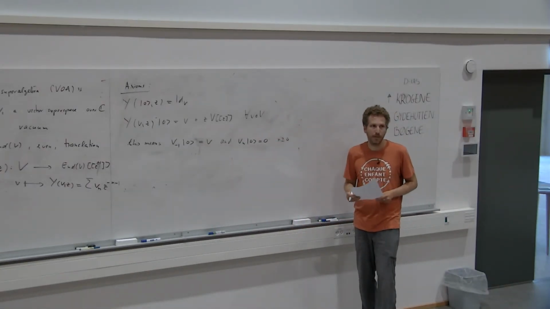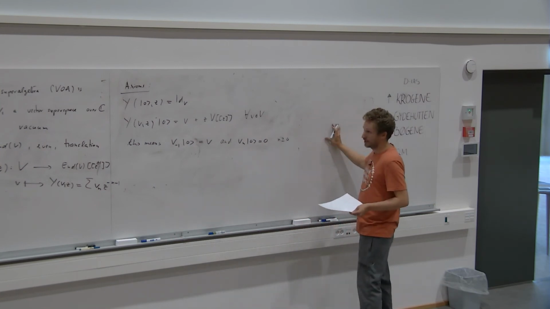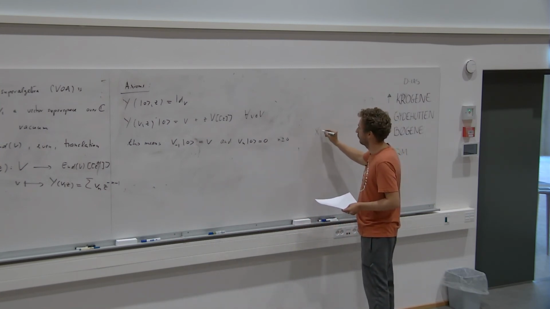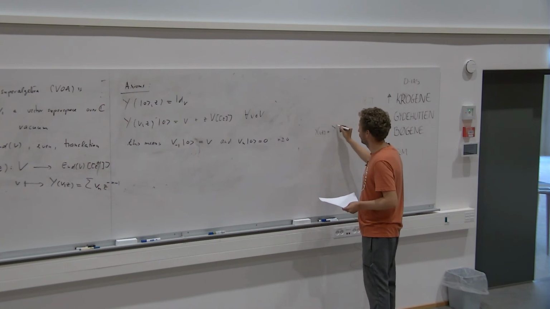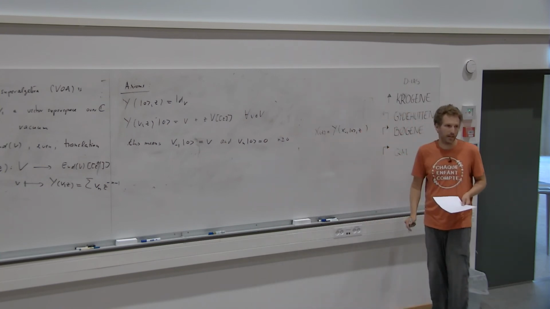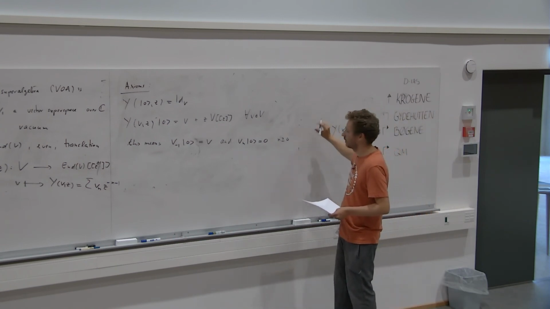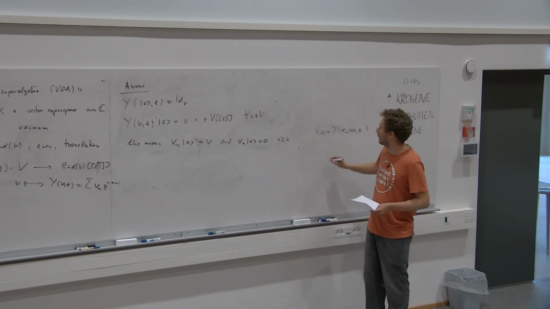So in particular, if you go back to our example, our field x(z) is the field associated to the vector x_{-1} acting on the vacuum, in our case in the Lie algebra. That's x(z).